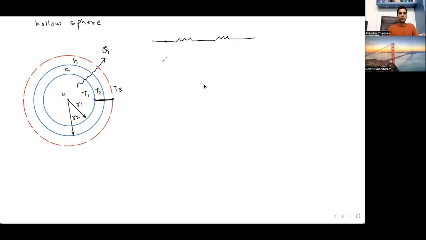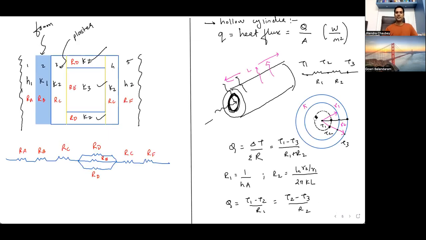Can I check something? Why is there no resistance for the hollow part of the sphere? If they give you some conductivity of the hollow part, then you will consider it. If not, then it doesn't matter. That doesn't mean it is not conceptually affecting it. If you see the formulas, we can write Q either in the form of the extreme temperature difference or the temperature difference of the individual layers.